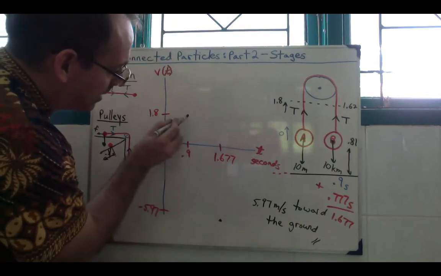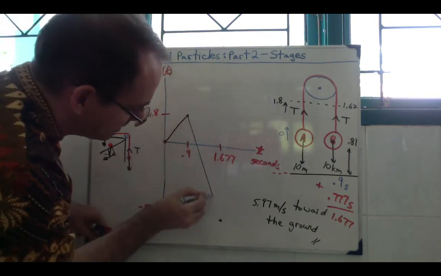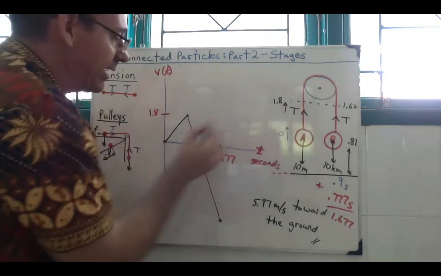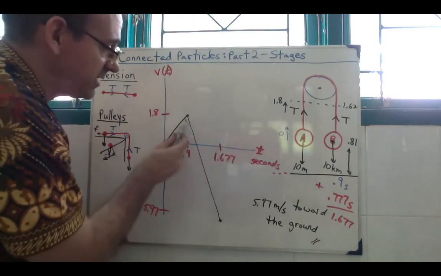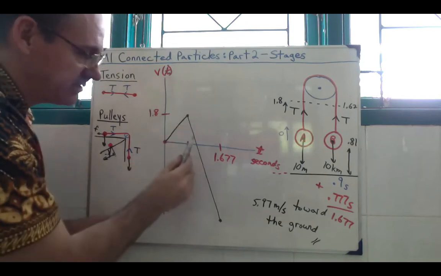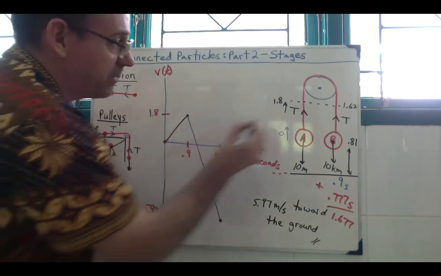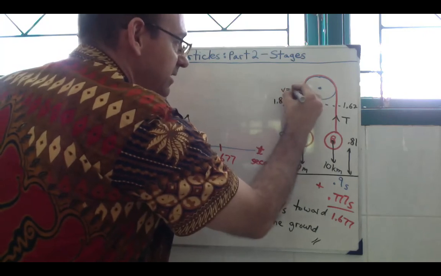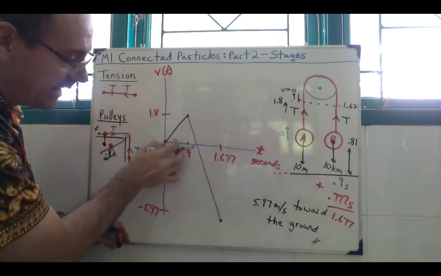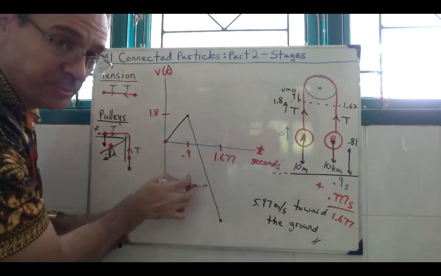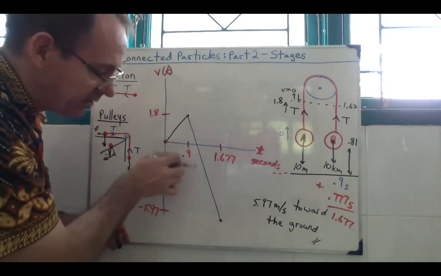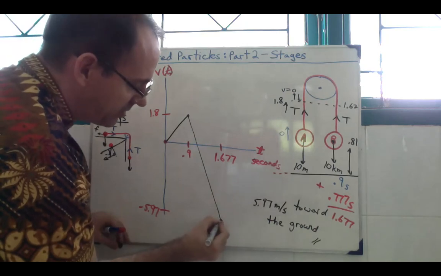Obviously you'll see at some point in there, it's still going up, still has positive velocity, but the velocity is slowing down. It's a smaller velocity, but still positive. There'll be some point at which the velocity equals 0, and then it will start going back down, and as it goes down, it gains speed, and the velocity becomes more negative because it's going back towards the ground until it hits the ground.